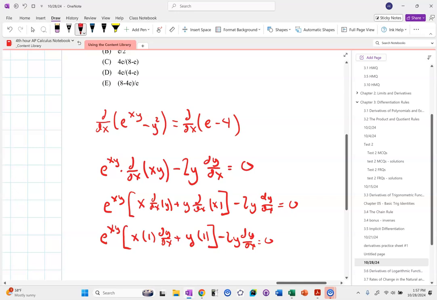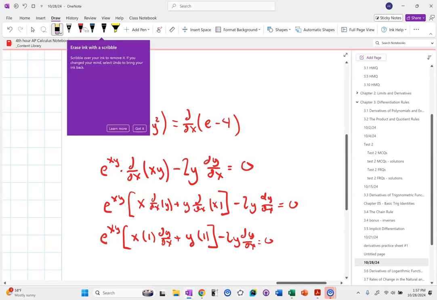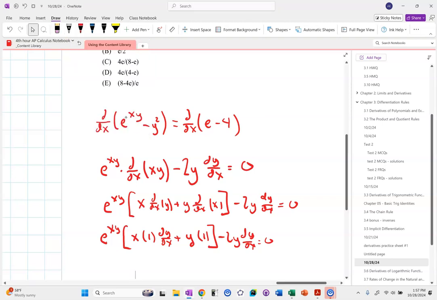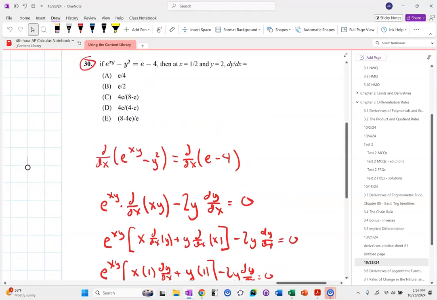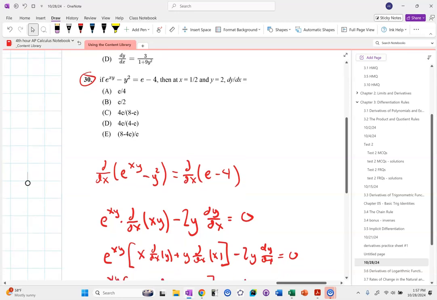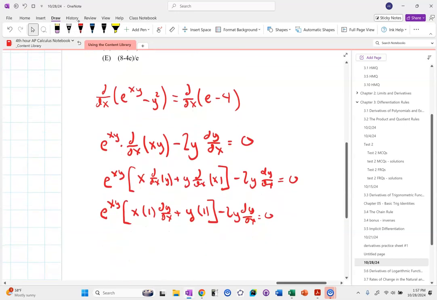I'm going to distribute that e to the xy through now. Actually, I'm not even going to bother doing that. All right. So I'm done with the calculus. I'm now just going to plug those in. So x is 1/2 and y is 2.